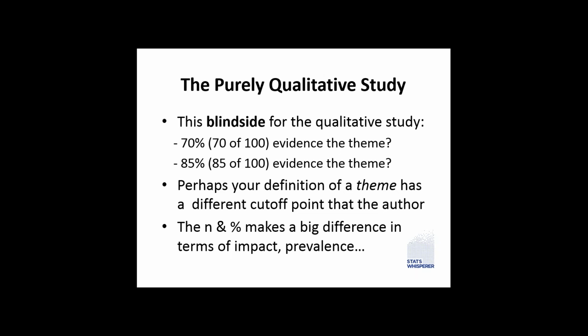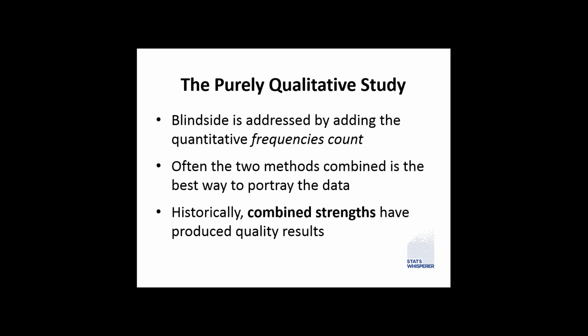If almost everyone says it, it seems a lot more impactful than if only, say, 70 people say it, right? So these are important considerations, important dimensions of the data that we might like to see, but it involves, right, mixing methods, right? So the blind side's addressed by adding the quantitative frequency count, right?